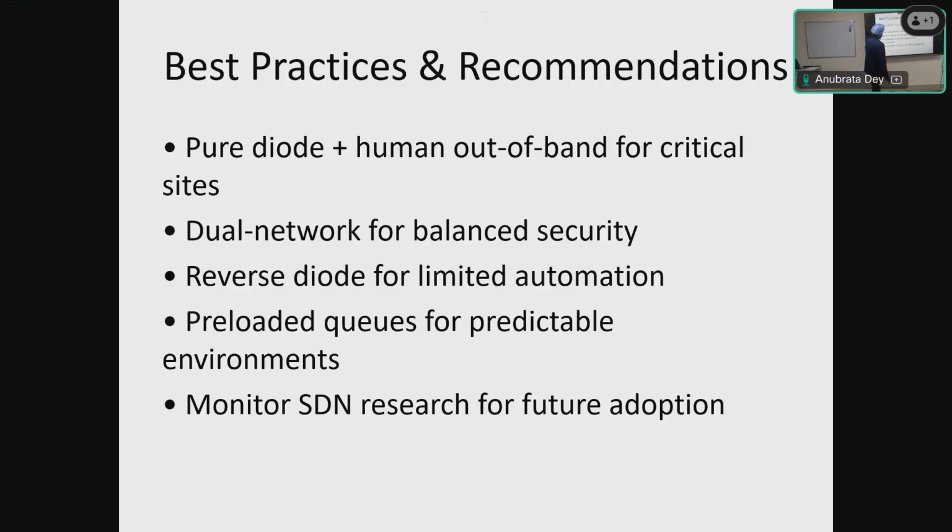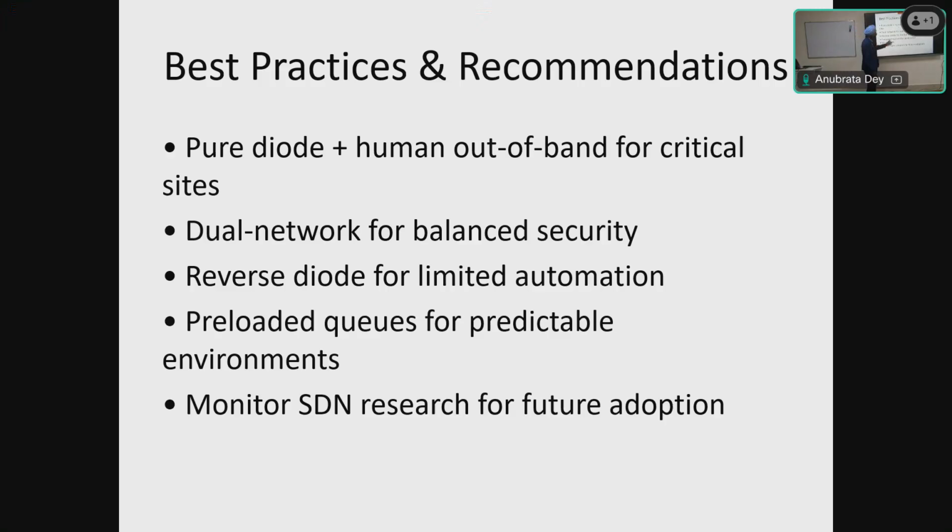But if you want a balanced security, balanced in the sense that you want some remote control and so on, you can use the VPN. So it's a dual network where telemetry is through diode, and then you go through the VPN for control actions, right? And then you use the reverse diode for limited automation only, right?